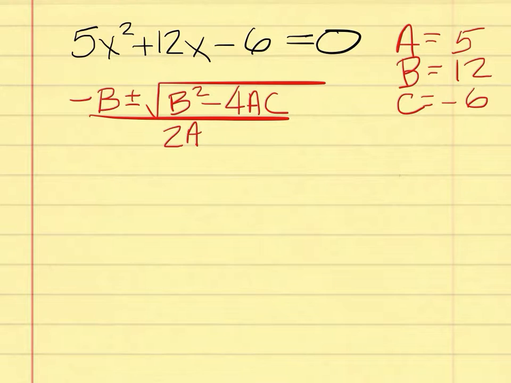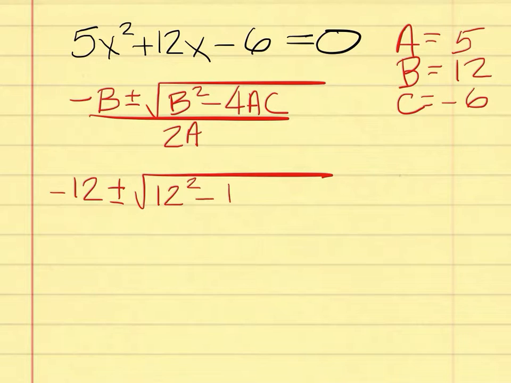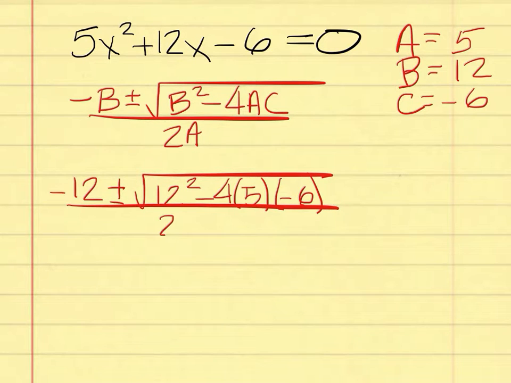And what must I do next, Clark? Yeah, we have to plug in. So that will be a negative 12, plus or minus the square root of 12 squared minus 4 times 5 times negative 6, and then on the bottom 2 times 5.